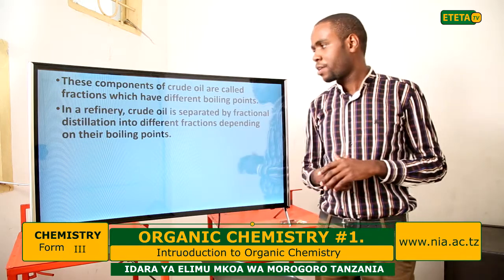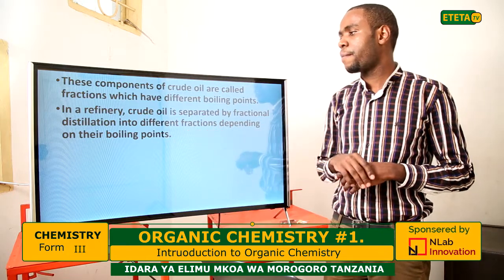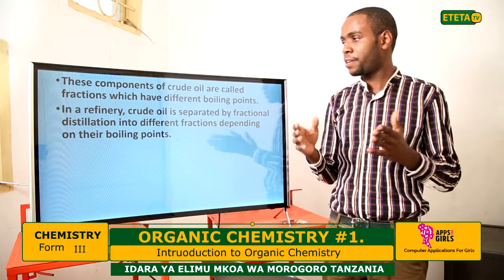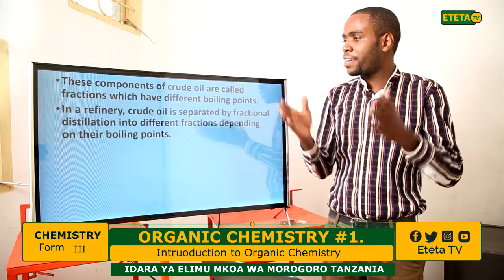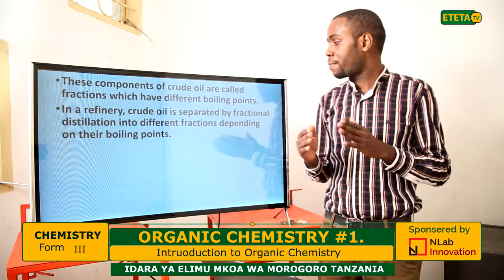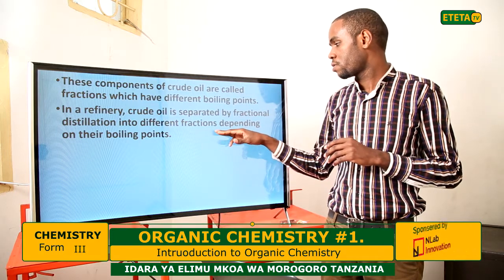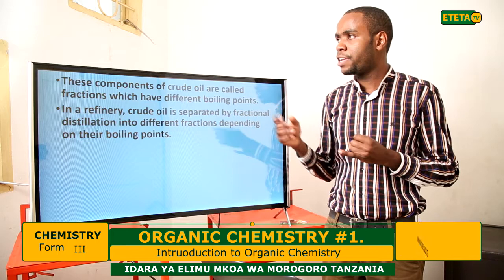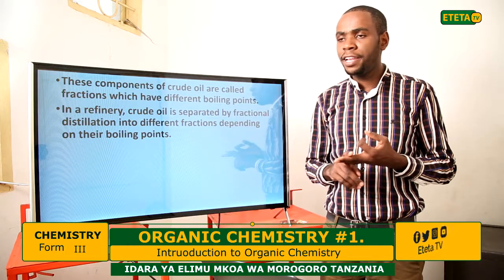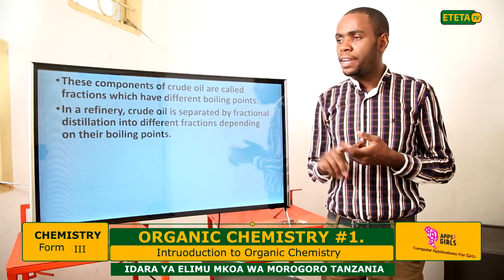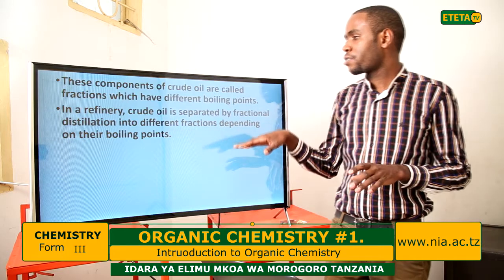In a refinery, crude oil is separated by fractional distillation into different fractions depending on their boiling points. So from the crude oil, in order to obtain petrol, diesel, fuel oil, residue, naphtha, and others, we use a refinery, and the process is called fractional distillation.